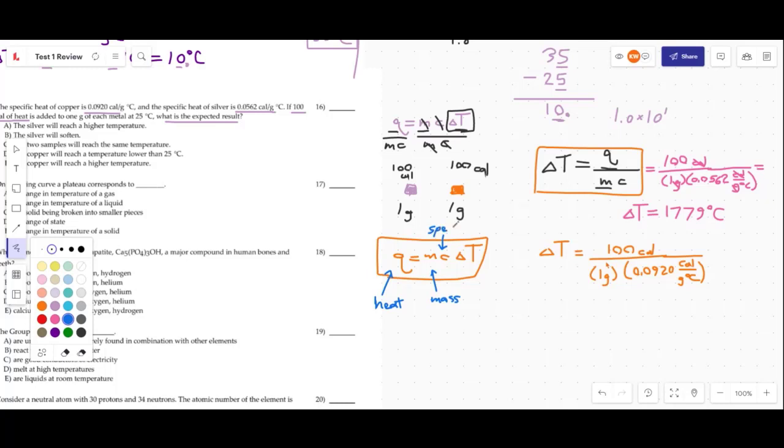When we say specific heat, it's short for specific heat capacity. In other words, it's the ability of a substance to hold heat. How much heat can a substance hold per degree Celsius? So this is specific heat capacity.